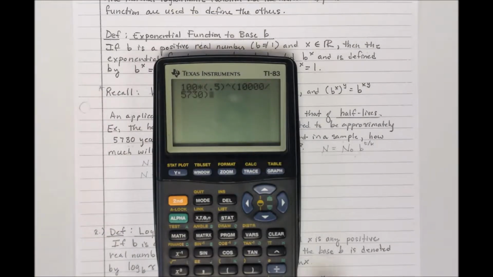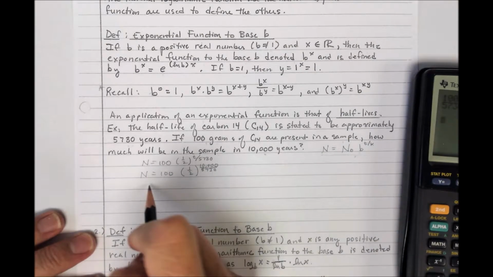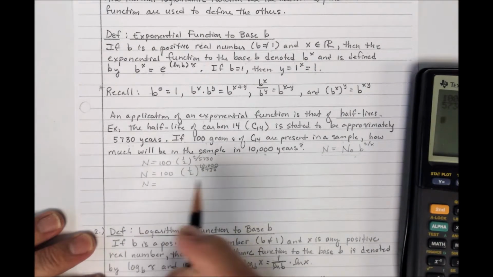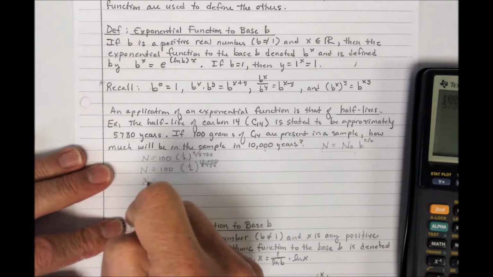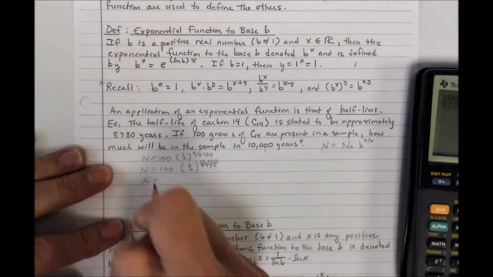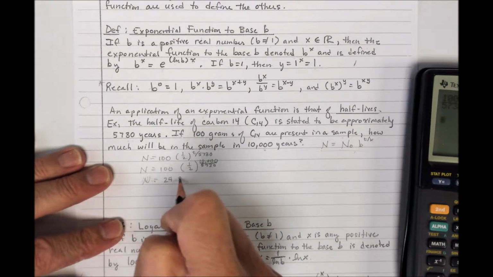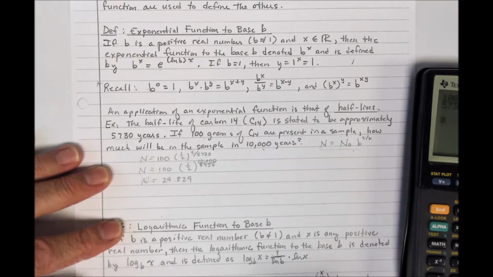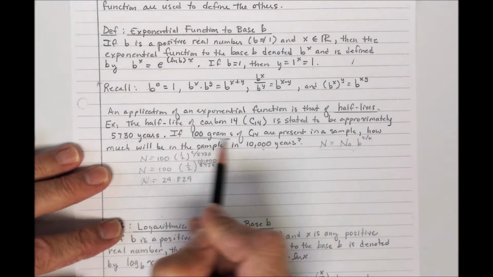And we get, and I was guessing maybe low 30s, oh, high 20s, almost 30. It doesn't say where to round to, so we'll say that this is approximately 29.829, and this of course would be in grams.